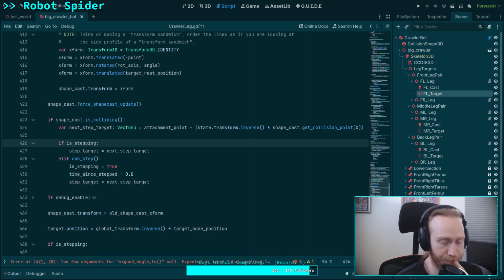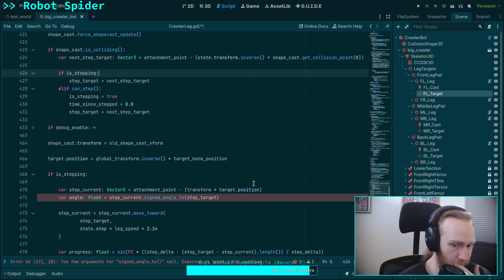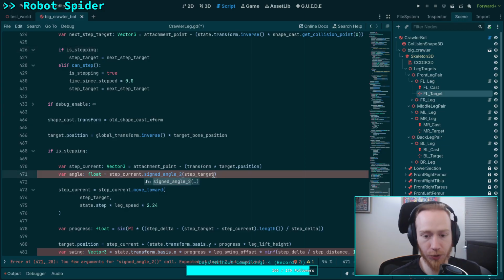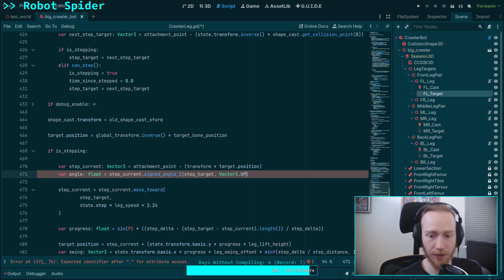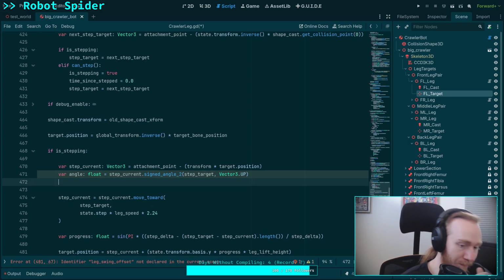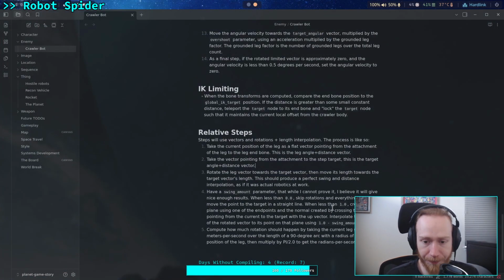Yep. And then I want my version. Because it's relative to the body already, I should just pass in vector up, and that was one part.